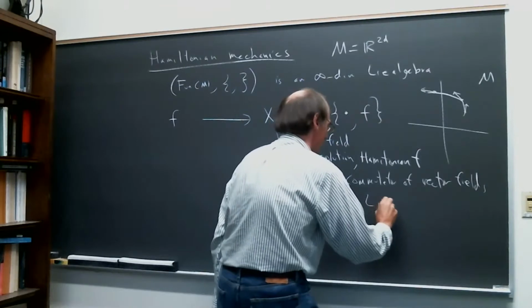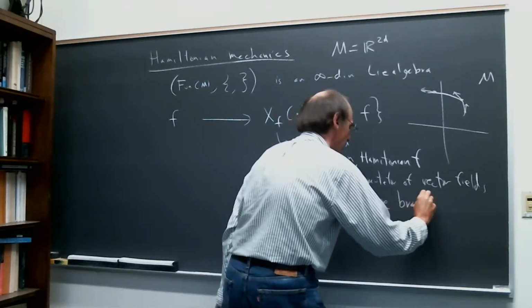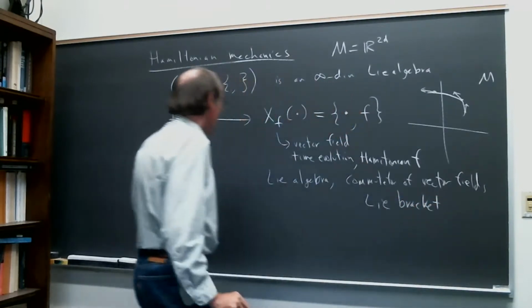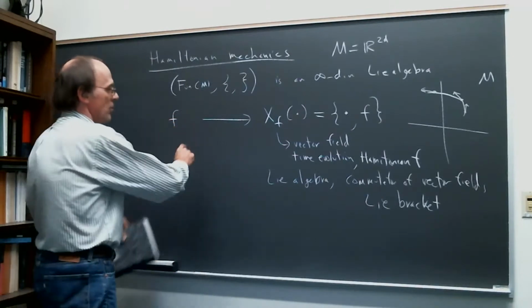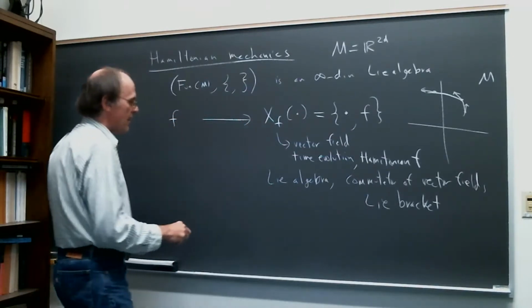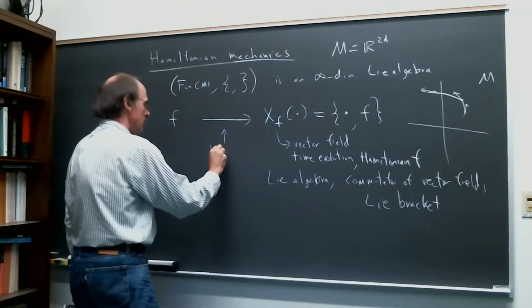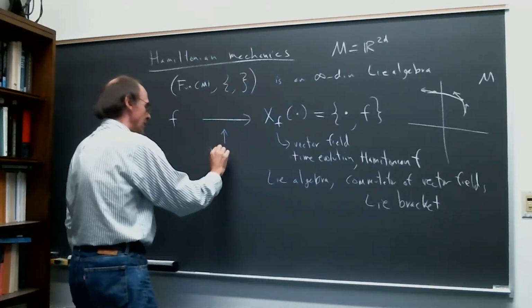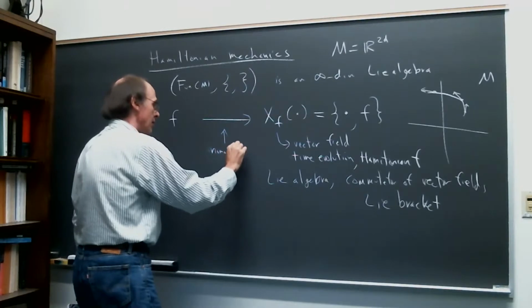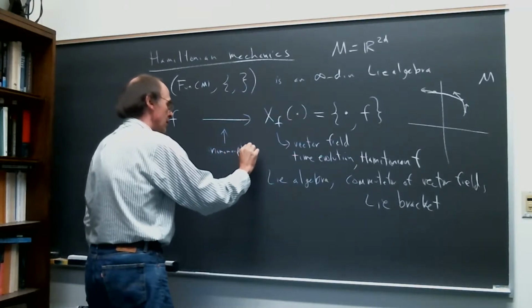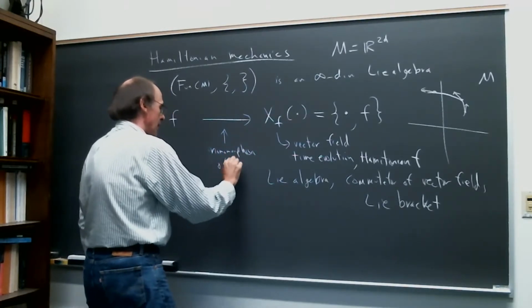This is a little bracket, and then this map is a homomorphism of Lie algebras.